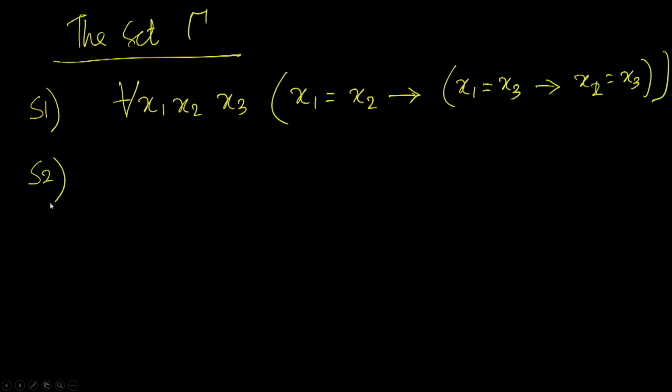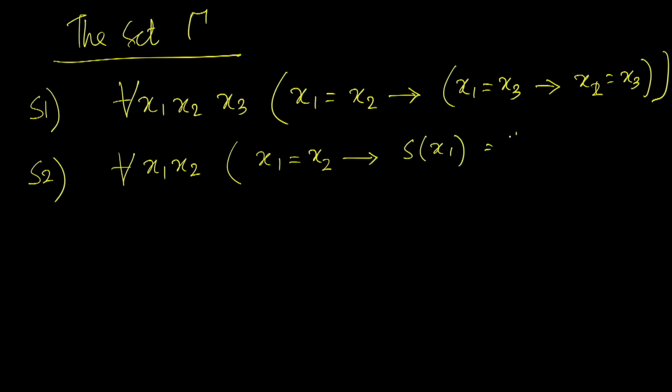The second axiom is also about equality. The second axiom is about the s function. The s function can be thought of as the successor function. We would call it the successor function.